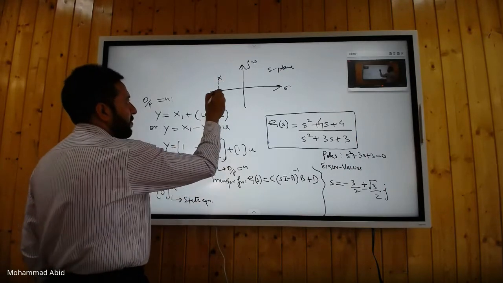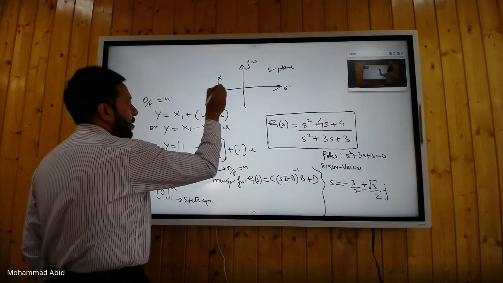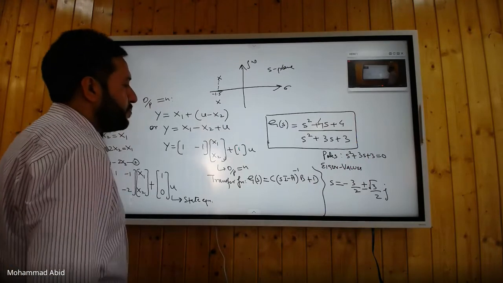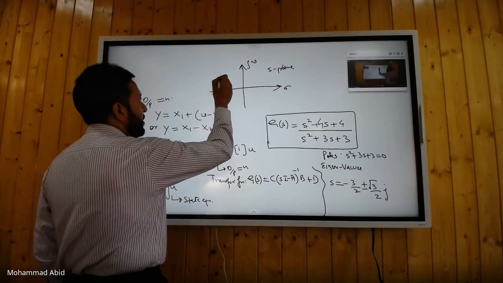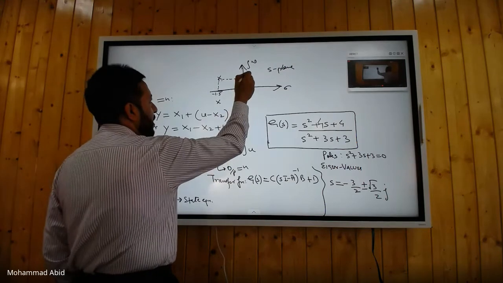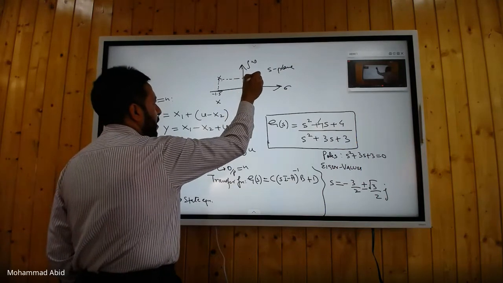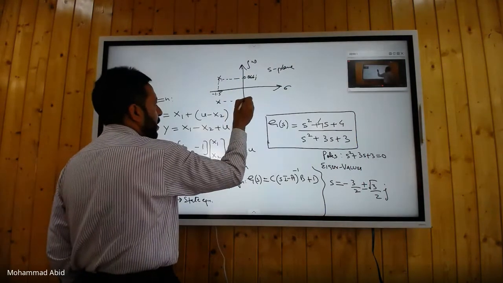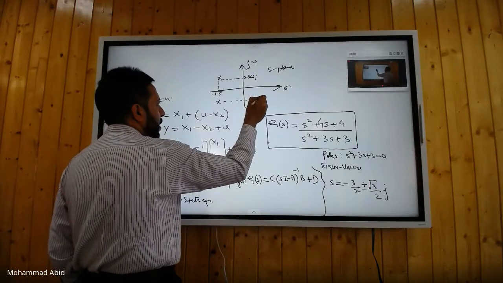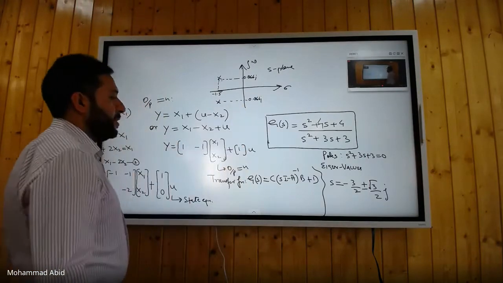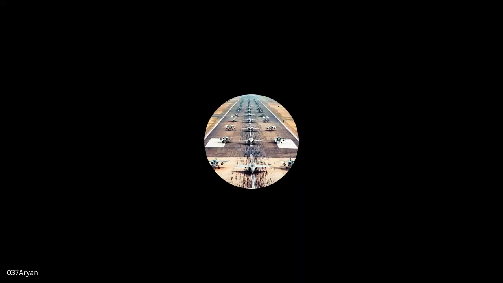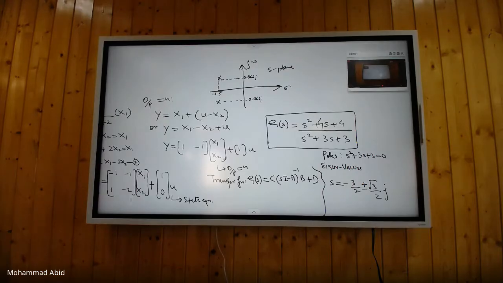Minus 1.5. और इसका इमेजिनरी पार्ट क्या है? 0.866. है ना? So the poles are located in the left half of the s plane. Is the system stable or unstable? Stable. The system is stable.